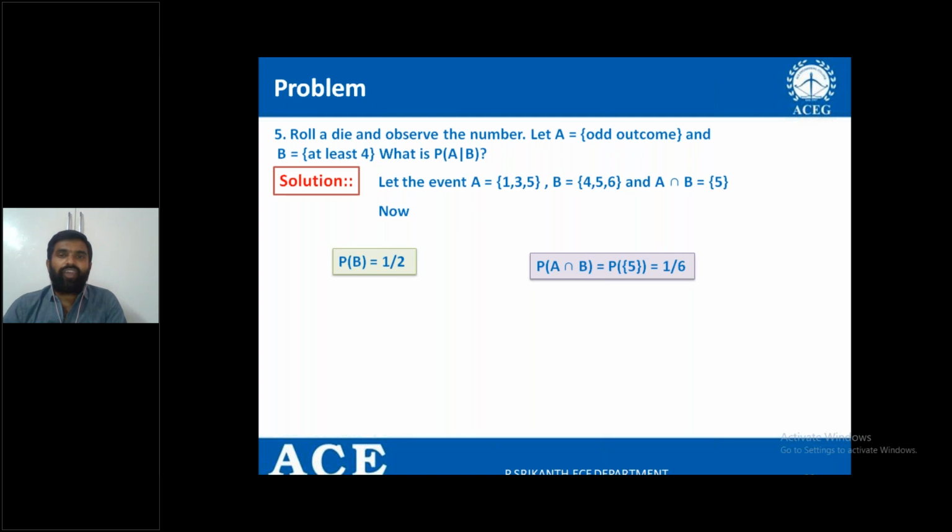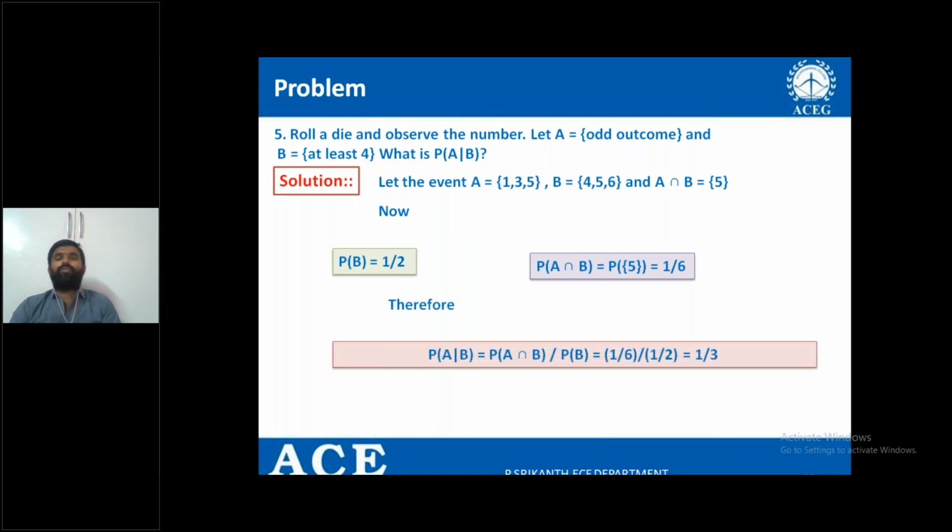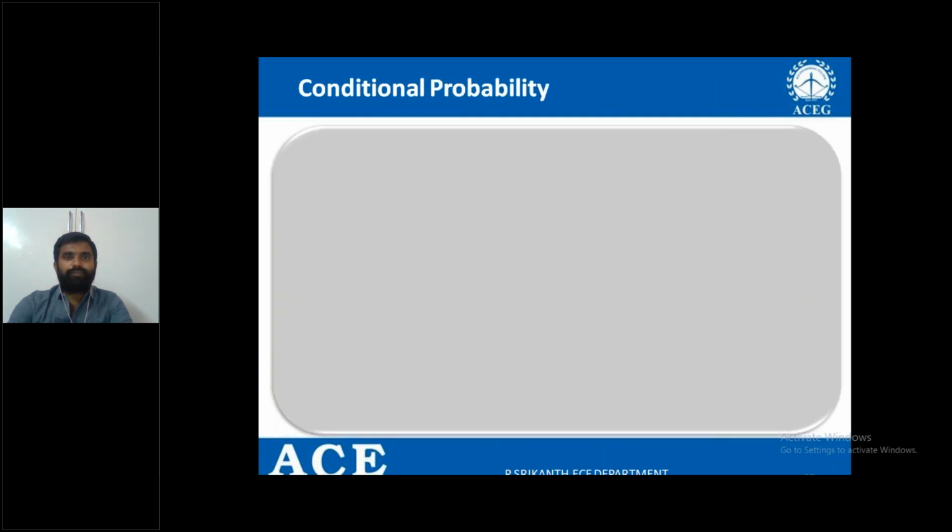Or, the number of elements in the event A intersection B is 1, and the total number of possible outcomes in the sample space is 6. So 1 by 6. Therefore, the conditional probability P of A given B equals P of A intersection B by P of B, which is 1 by 6 divided by 1 by 2. The result is 1 by 3. Right? So this is the way to calculate the conditional probability.